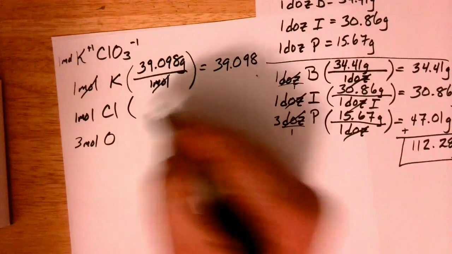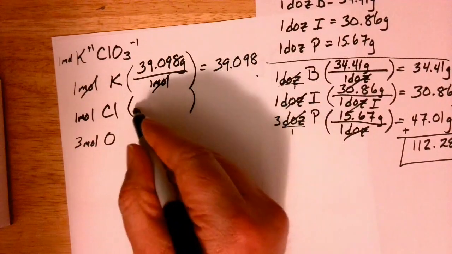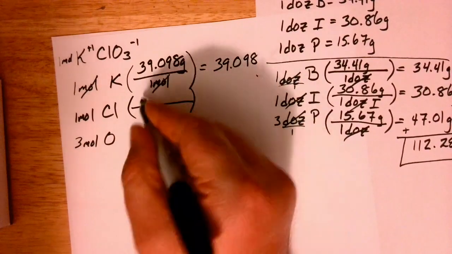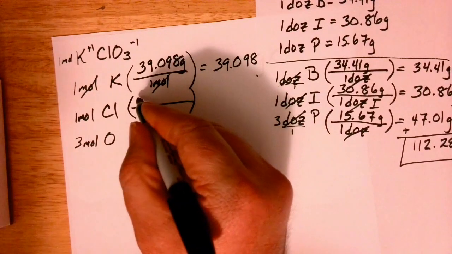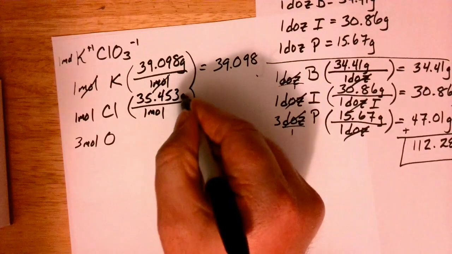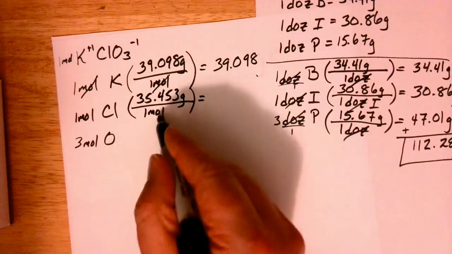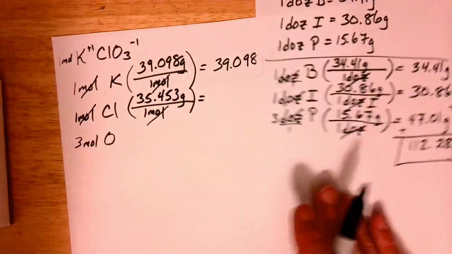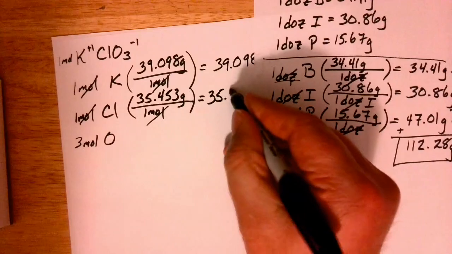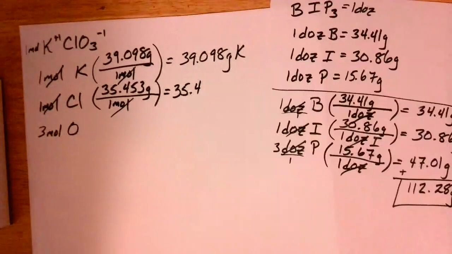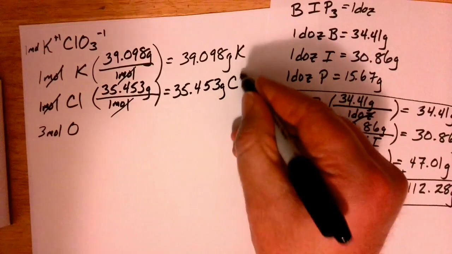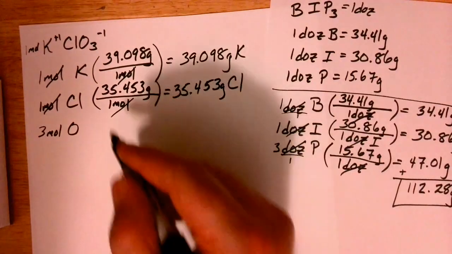If you look on the periodic table, chlorine is towards the right hand side. So 1 mole of chlorine is 35.453 grams. Moles are going to cancel, and we'll have 35.453 grams of chlorine.